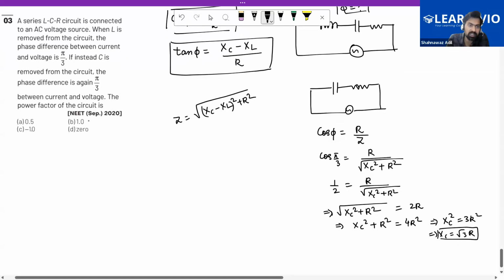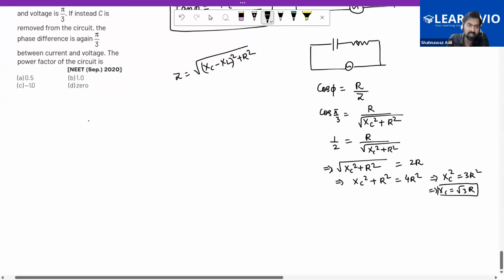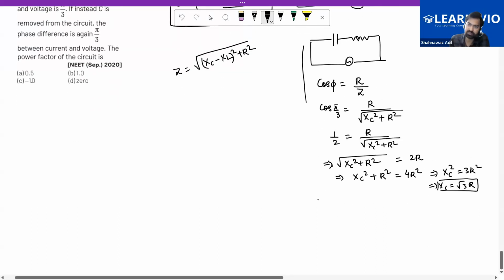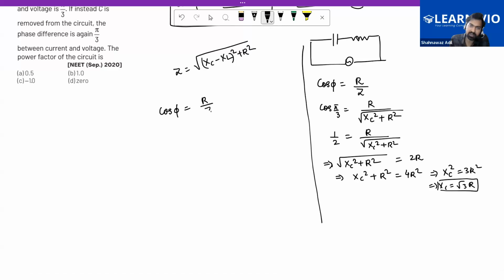And then the phase difference, if instead C is removed from the circuit, is again pi by 3 between the current and the voltage. So then we have cos phi again, which is R by Z, so cos pi by 3 is R divided by Z. Now Z is the square root of XL squared plus R squared, because XC is 0.